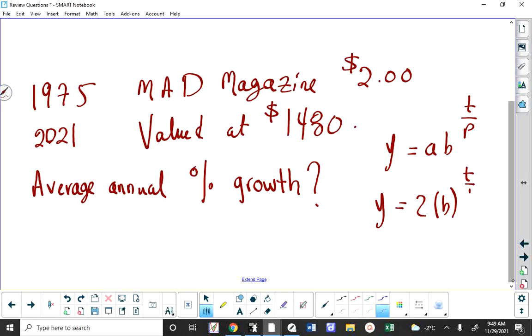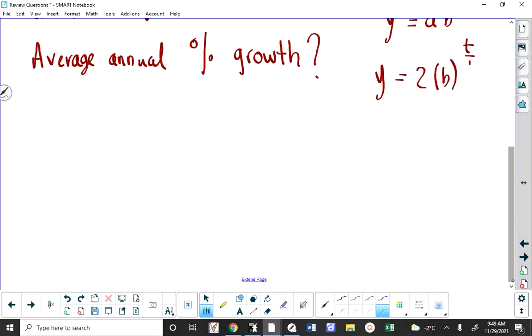And p is 1. And the reason why p is 1 is because it talks about annual growth rate. It doesn't talk about daily or monthly. It talks about what's the average percent growth every year. And we can drop that 1. So what we are left with is y equals 2 times b to the t.